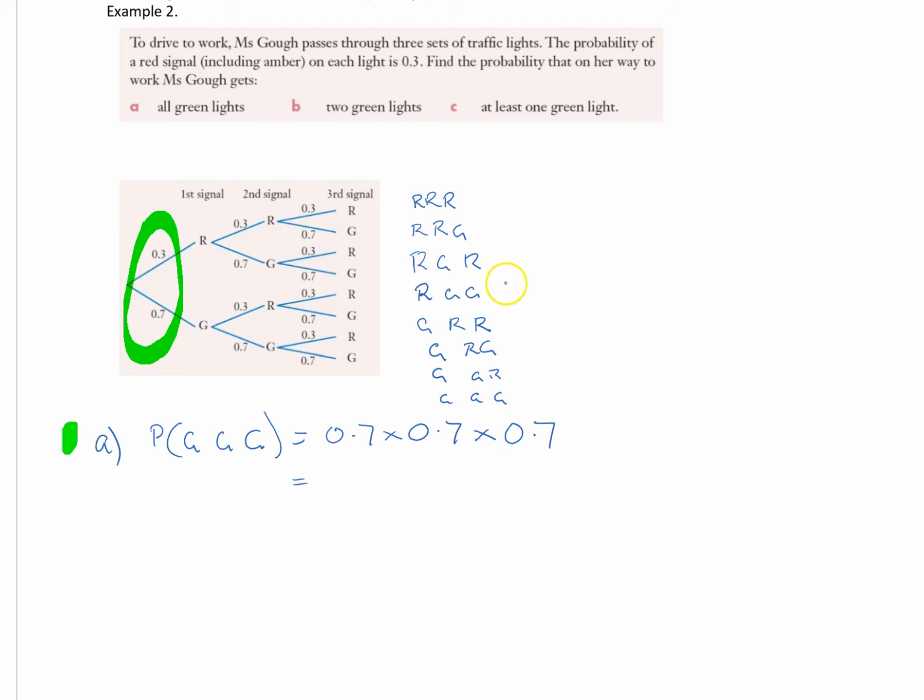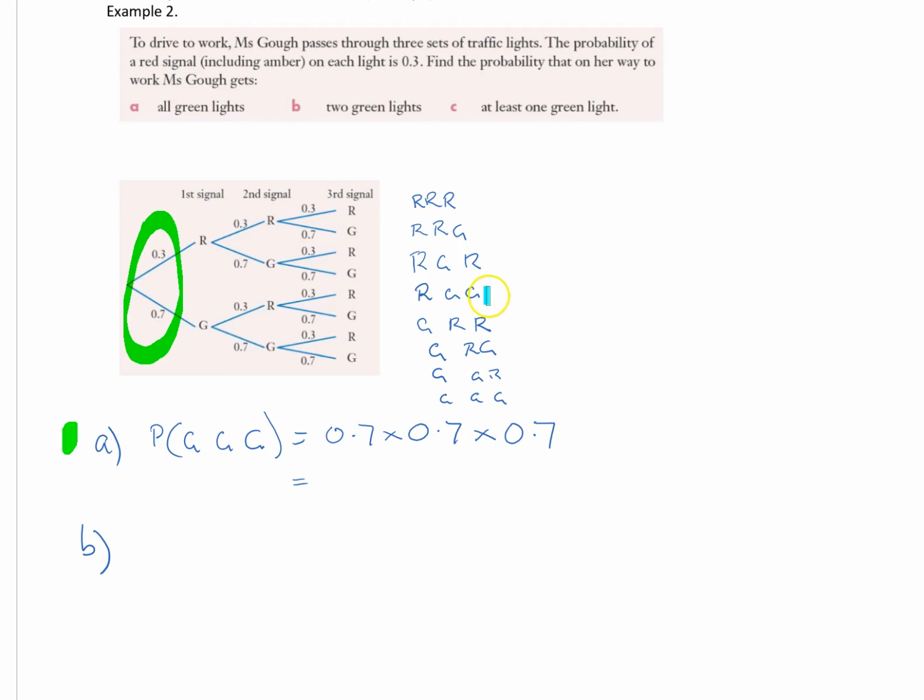But we're not so interested in the 8 anymore because we've got the probabilities on each branch. So with B, how many of these branches do we actually want? Which ones do we want? As long as it's got 2 green. So we want this one. Oh, sorry, no we don't.